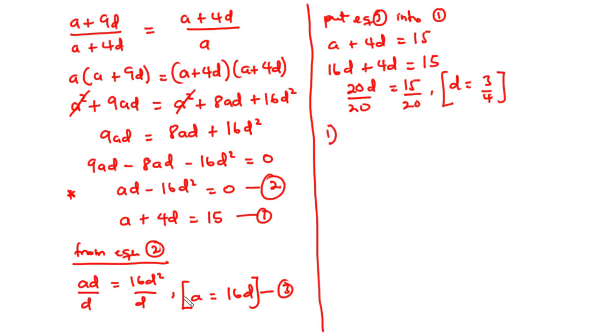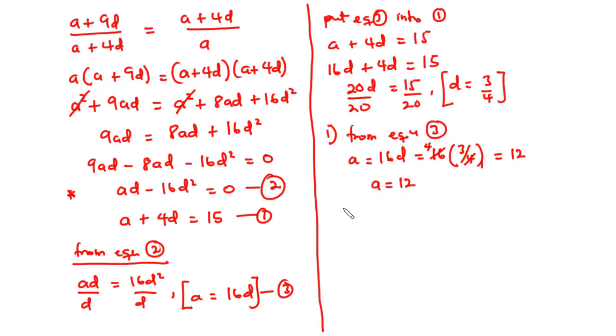So still from equation 3, a is equal to 16d, and then we have d to be 3/4. So 4 goes into itself once, into 16 4 times, and then 4 times 3 is 12. So we have the first term to be 12.